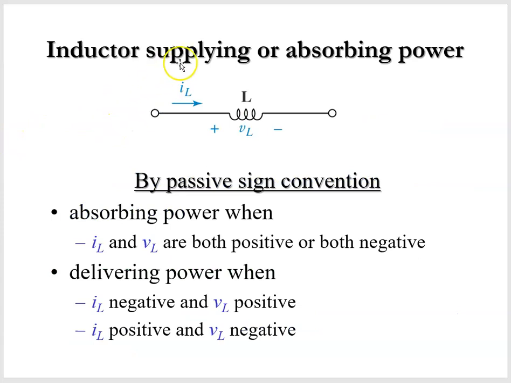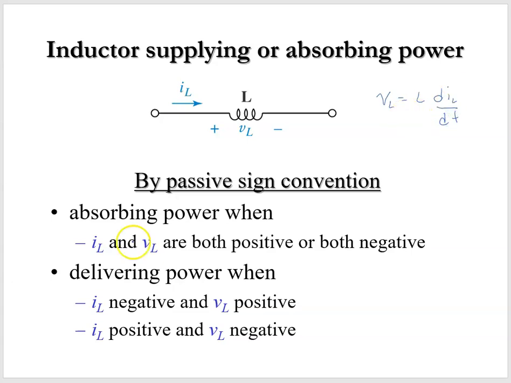So our inductor can supply or absorb power. In the relationship between voltage and current in the inductor, we're using passive sign convention, and we say v_L is equal to L di_L/dt.